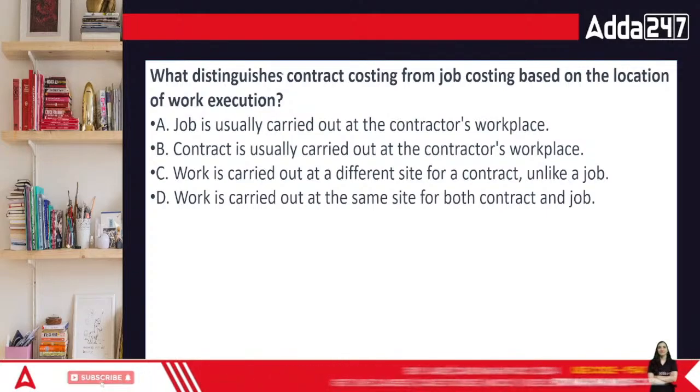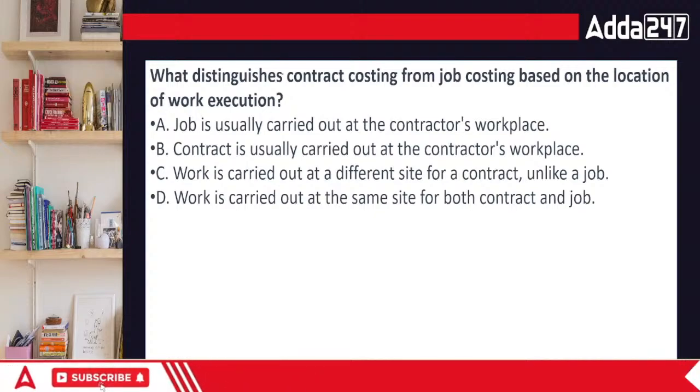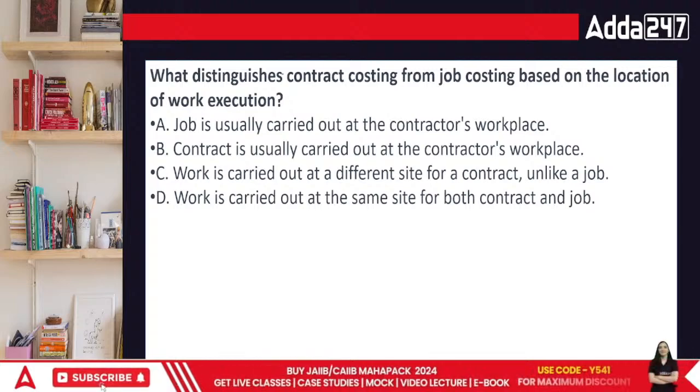What distinguishes contract costing from job costing based on the location of the work execution? Job is usually carried out at the contractor's workplace.